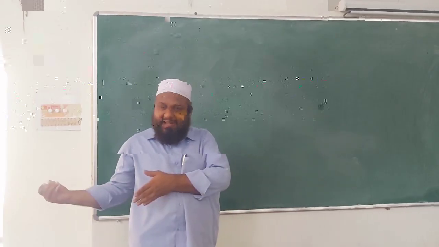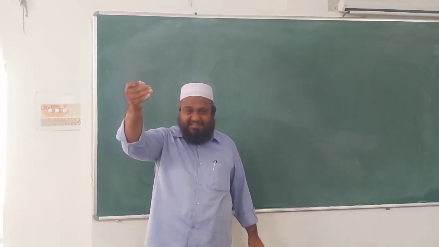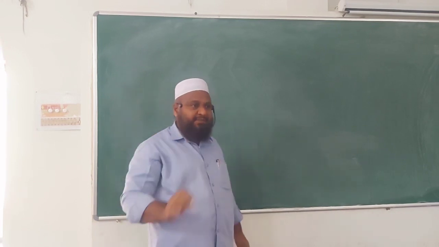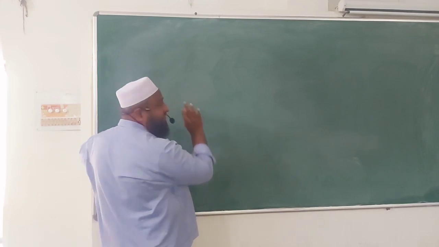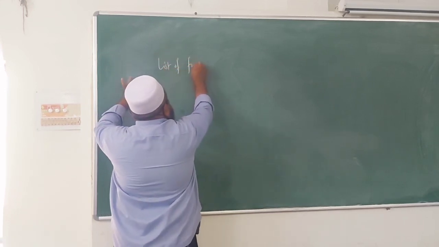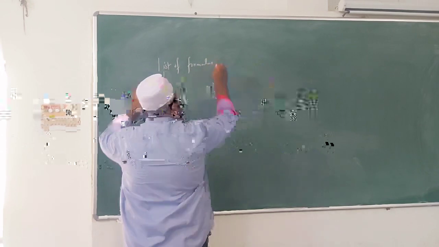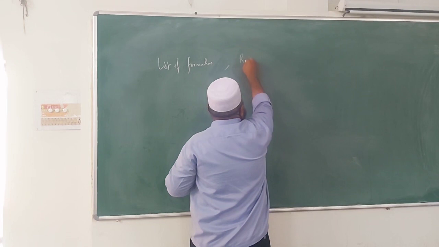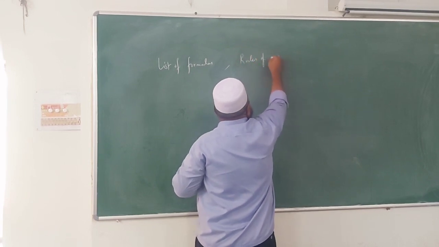Now the very special thing starts. In the background we just discussed integrals of some standard functions. There are two things to keep in mind: one is the list of formulas, and the other is the rules of integration.